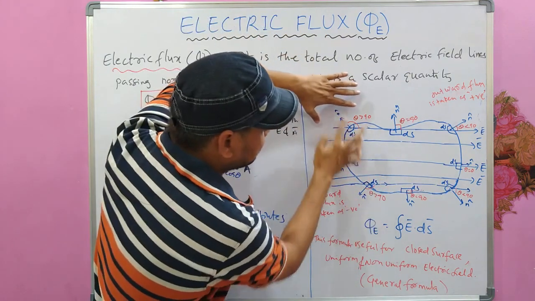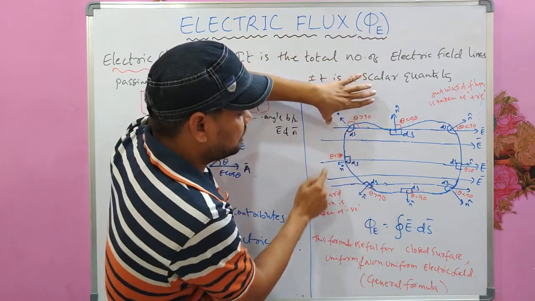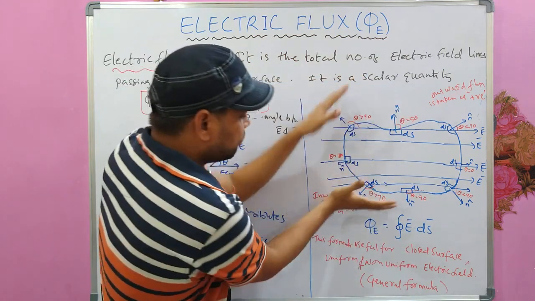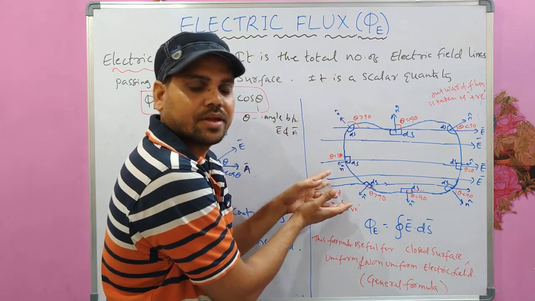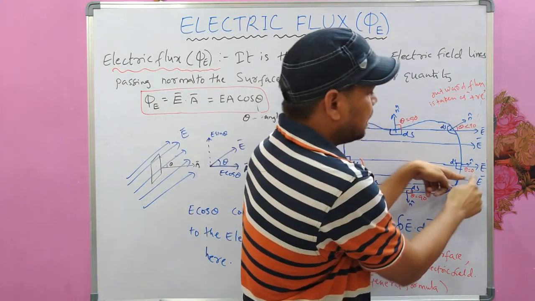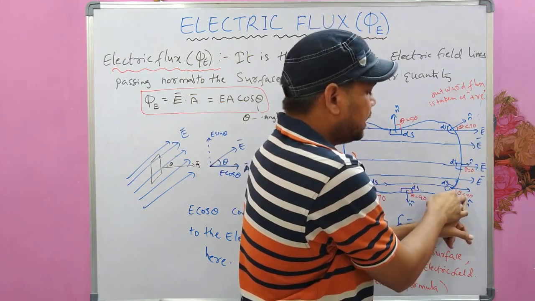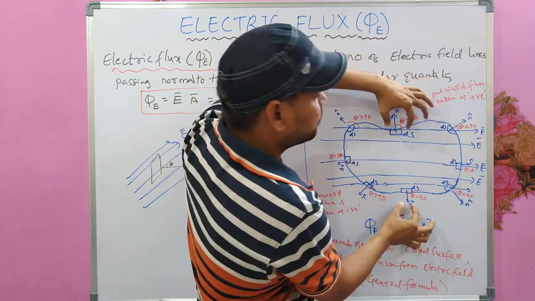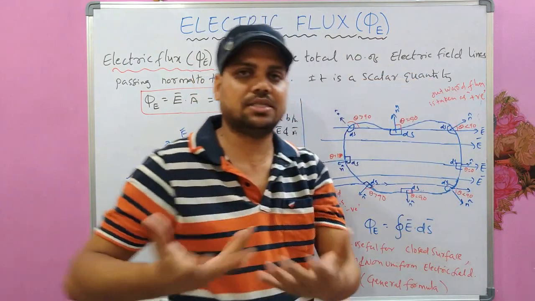For these three, theta is greater than 90, 180 which is greater than 90, and you are getting negative flux. And for these three, theta 0, cos theta 1 positive, theta less than 90, cos theta positive. And for these two, cos theta is 0, flux is 0.